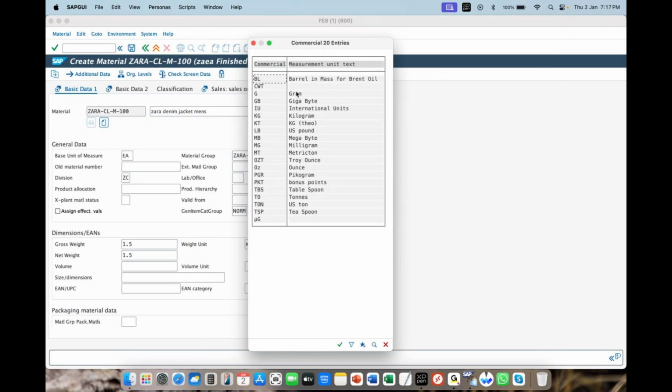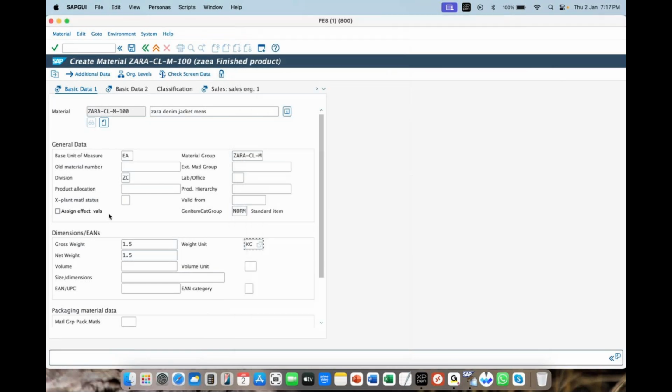We have grams, we have tons. So whichever measurement you want, you can take. Now here, please watch me. After giving 1.5, when I press enter, it says input must be in the format. See here, it will not accept points. We cannot give decimals. The system will not accept points. Remember, please.